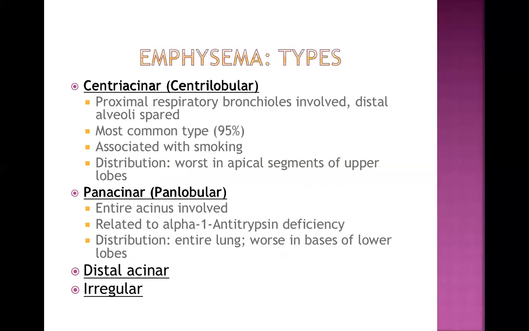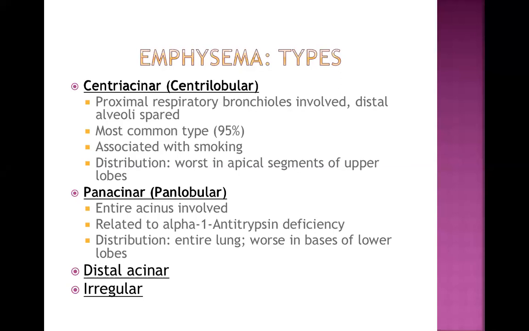Now, centriacinar, also known as centrilobular. In this condition, the proximal respiratory bronchioles are involved and distal alveoli are spared. That means the respiratory bronchiole side, which is the upper or proximal side, is affected, but the distal alveoli are not affected. This is the most common type of emphysema.